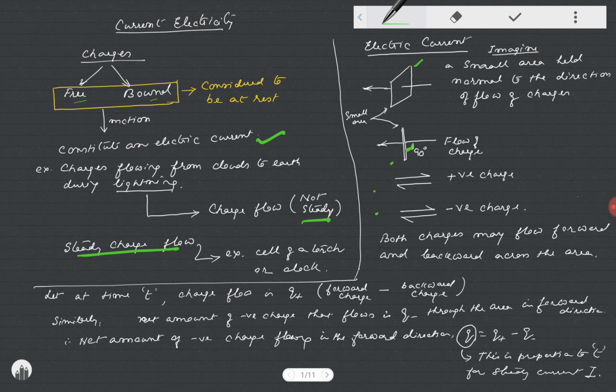Now in a given time interval t, let q plus be the net amount of positive charge that flows, that is, forward charge minus backward charge.